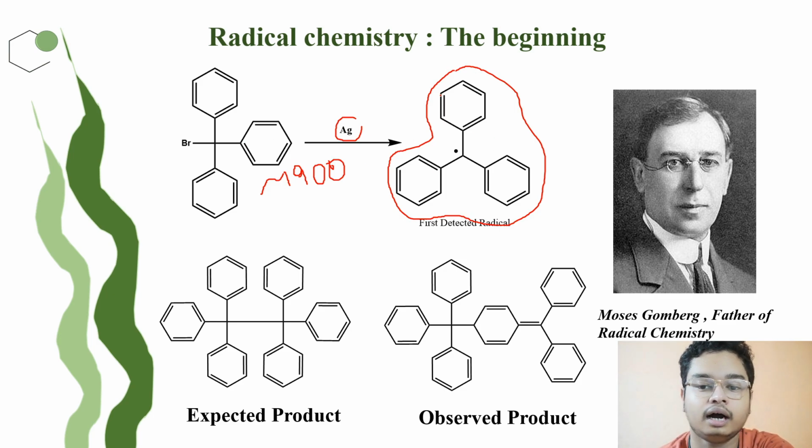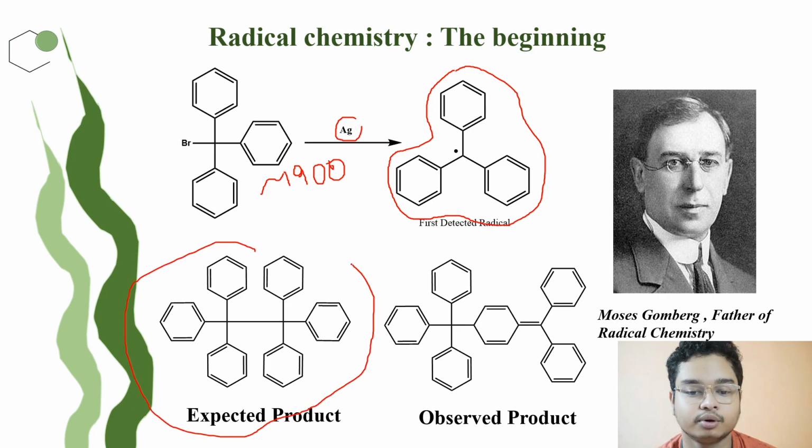After forming this radical, since the system is unstable, they thought that this would dimerize to form a spin-paired molecule, and they were expecting this type of product. But when they did the characterization of this product, they got this type of product.